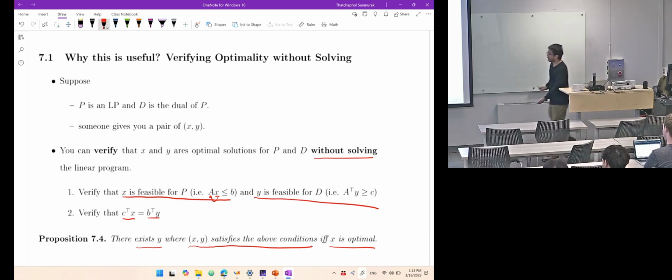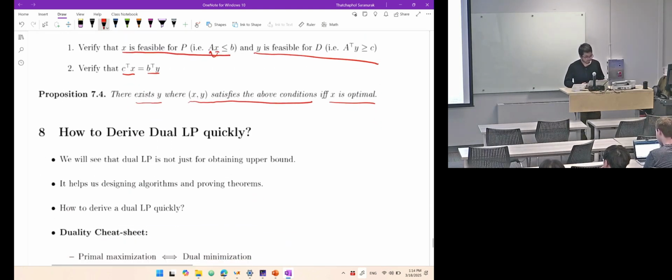If X is not optimal, there's no way to find a Y such that this is true, because if X is not optimal, this equality must be a strict inequality.